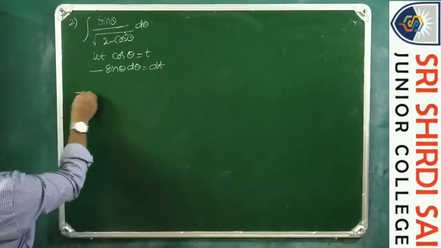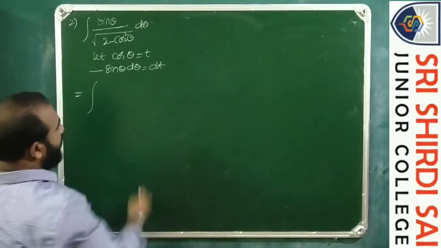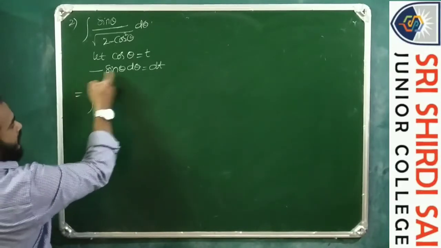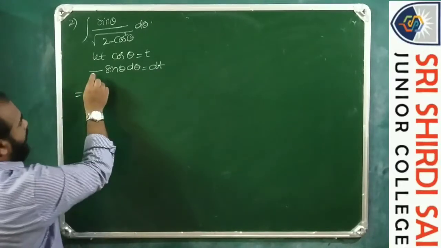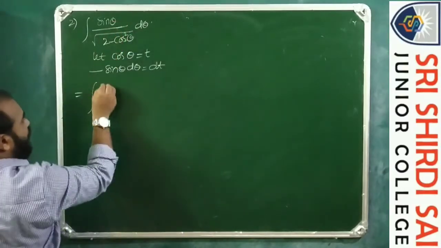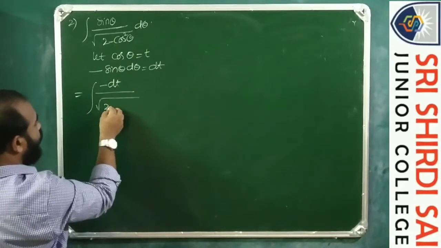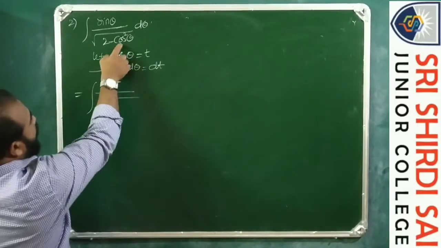So multiplying by minus on both sides, minus of minus is plus, so sin theta d theta equals minus dt.